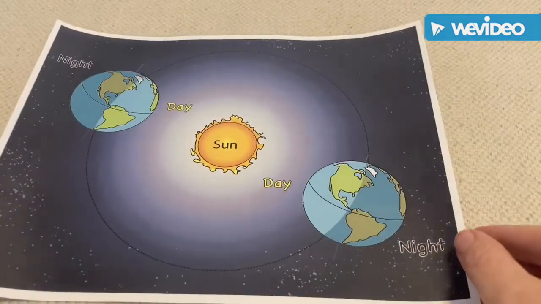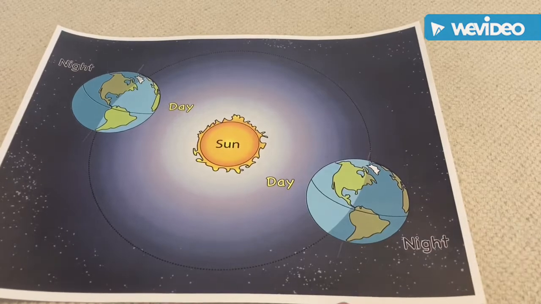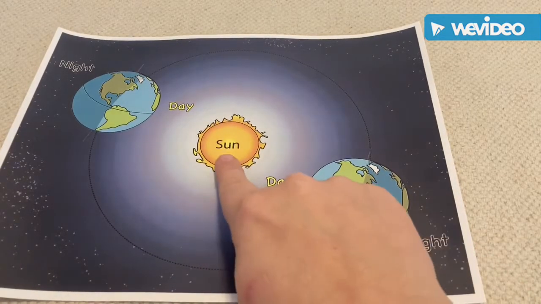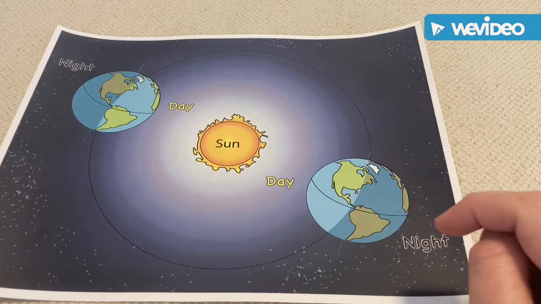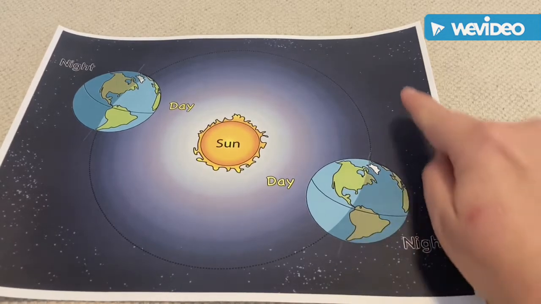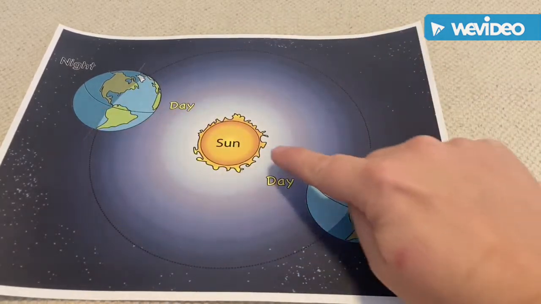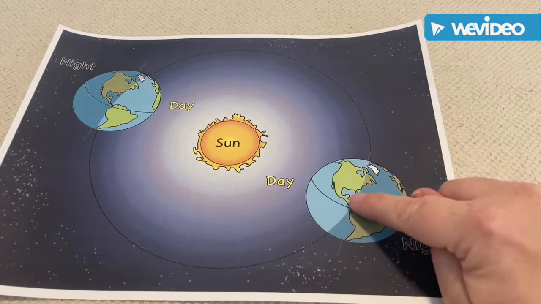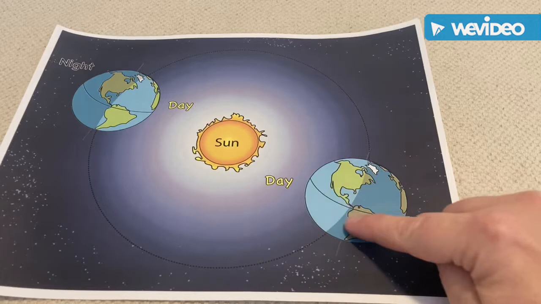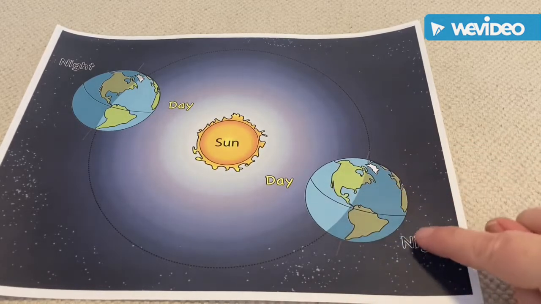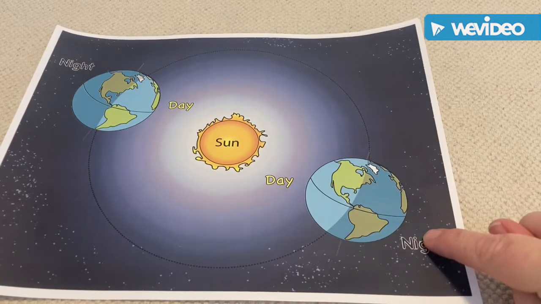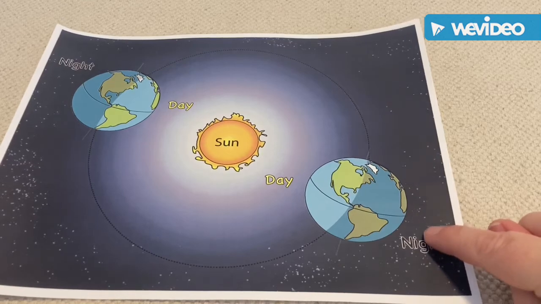Let's review our charts for just a moment. This chart shows us the sun in relationship to the earth revolving around the sun, and showing that when we are receiving full sunlight, it is daytime, but as the earth rotates and we are on the dark side, it is nighttime.